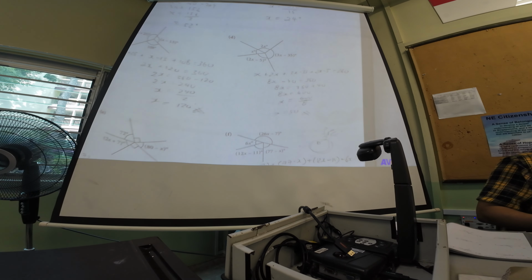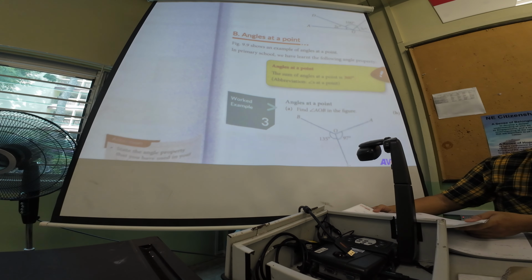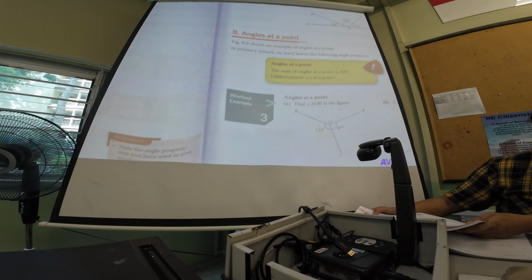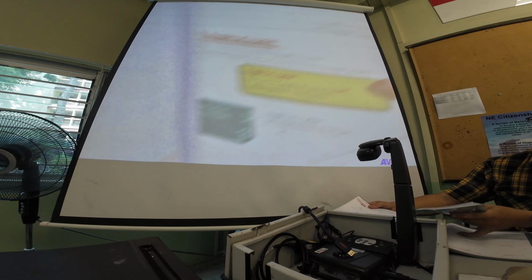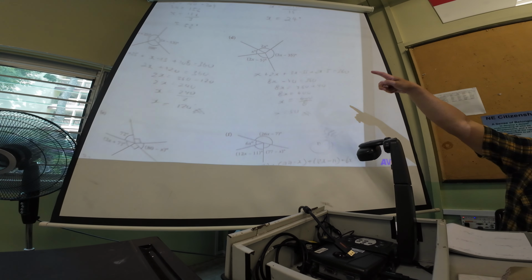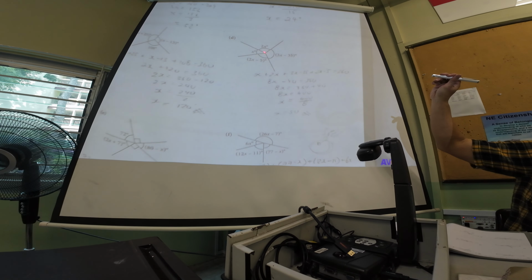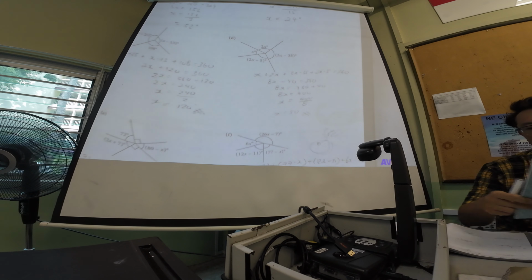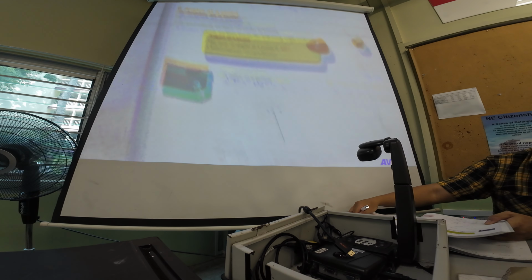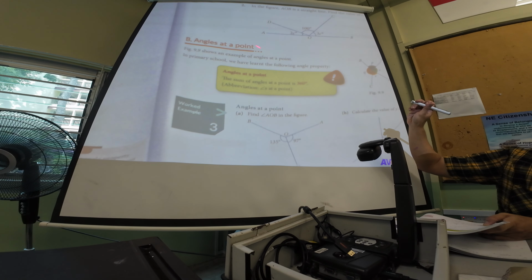Look up. Okay, so if you are asked for a reason, what we are doing now is called angles at a point, because all your angles are at a point. If you are asked why these angles add up to 360, the reason is angles at a point.